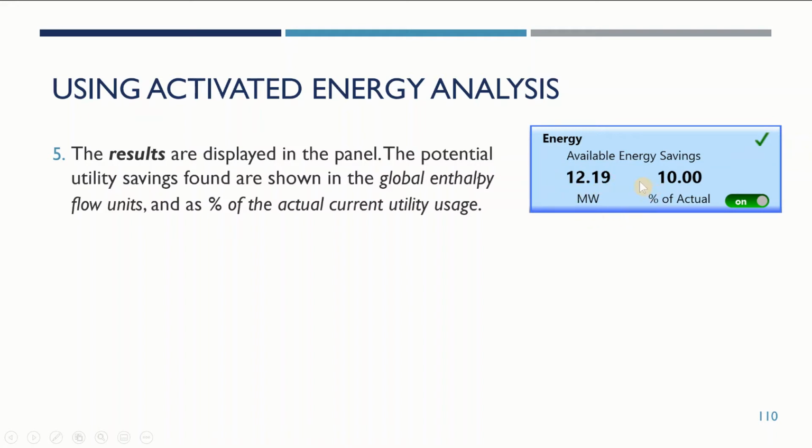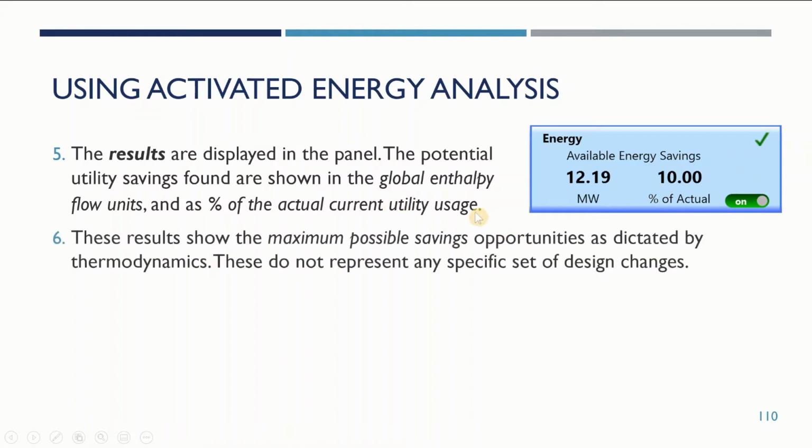And the second one is shown as the percentage of the actual current utility usage. These are the maximum possible savings opportunities as dictated by thermodynamics. Please note that they don't refer to any specific set of design changes.